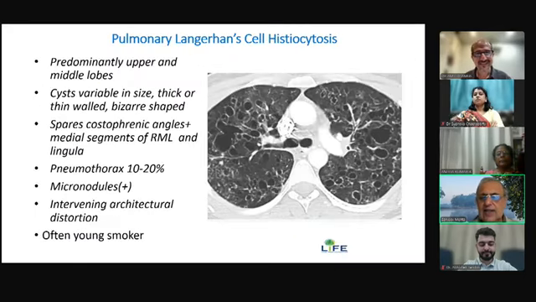So the question is LCH, and I think we've had a very good discussion on LAM. The difference in LCH versus LAM is that in LAM you'll get thin walled cysts. So first of all, the clinical context: LAM, non-smoker, more females, can be seen across all lobes.